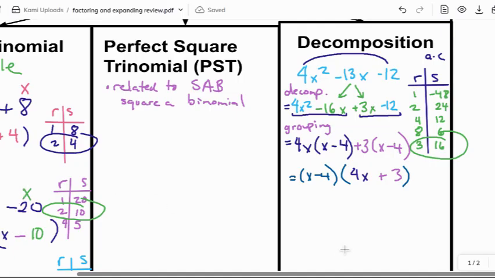Except because we're factoring, we're going from a trinomial to a binomial. So let me give you an example: x squared plus 10x plus 25.